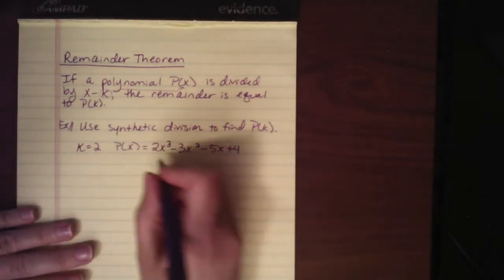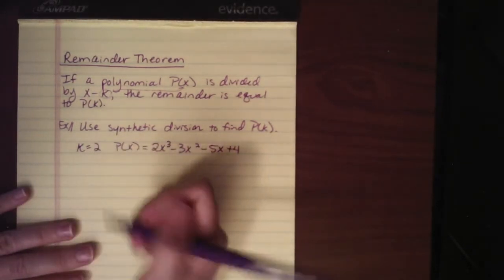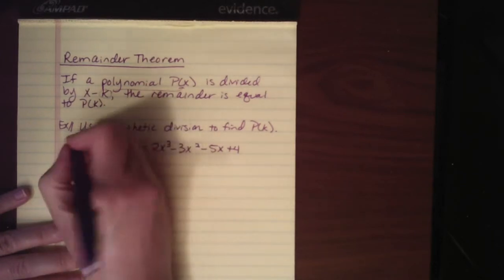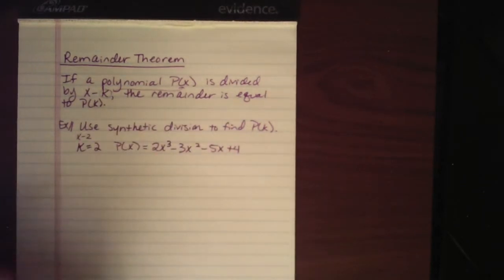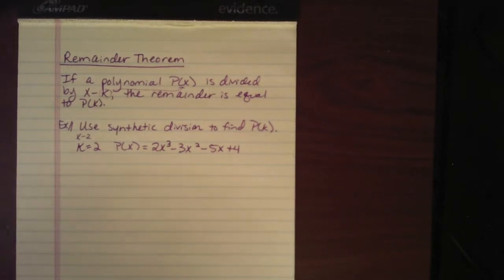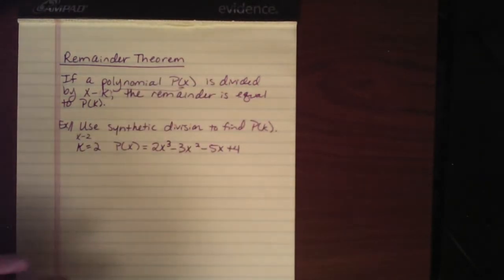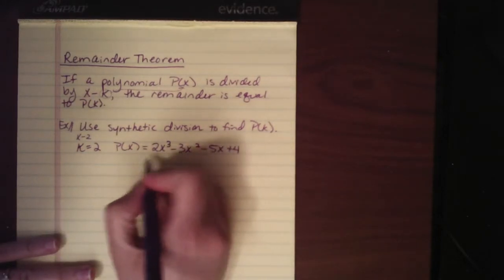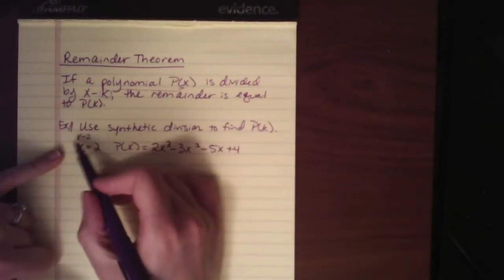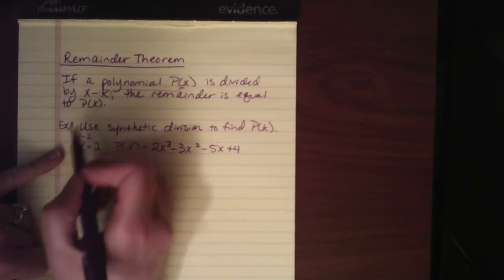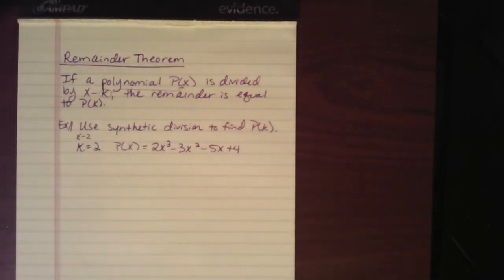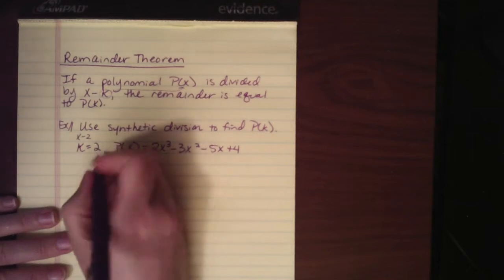So if I take my polynomial and I synthetic divide by x minus 2, that's going to give me the remainder that I need to find out what p of k would be. So same thing here, since I'm dividing by something of the form x minus c, I can simply use synthetic division. I don't have to long divide. Certainly you could long divide and find the remainder that way, but you can synthetically divide as well.